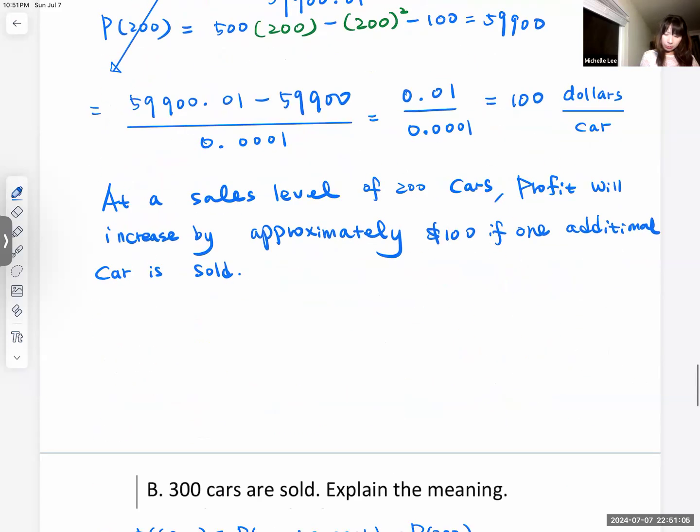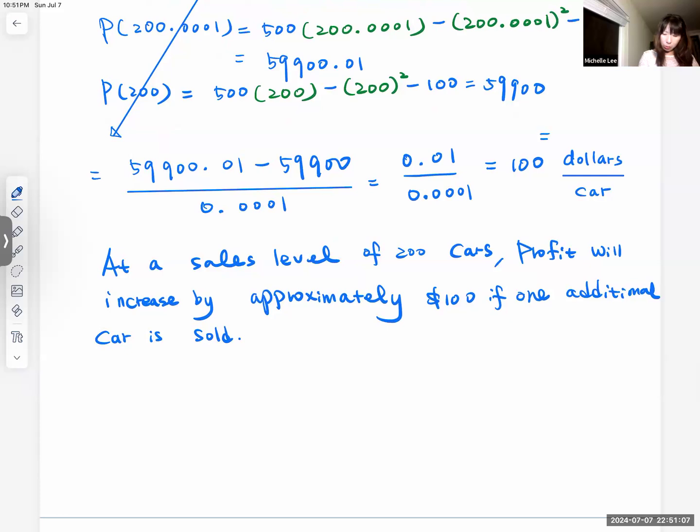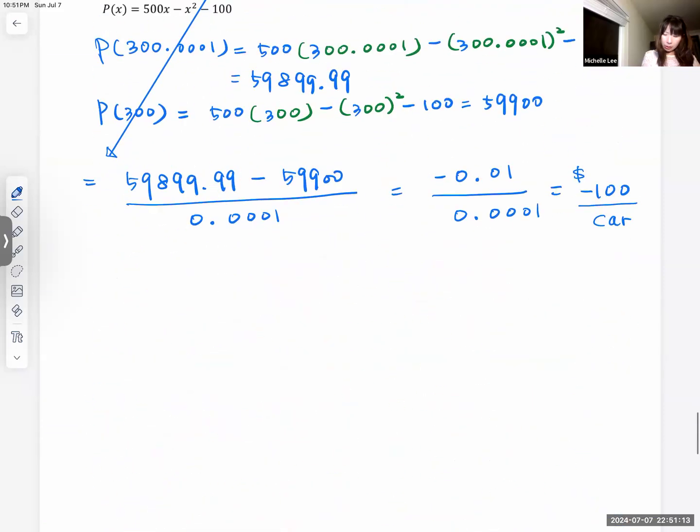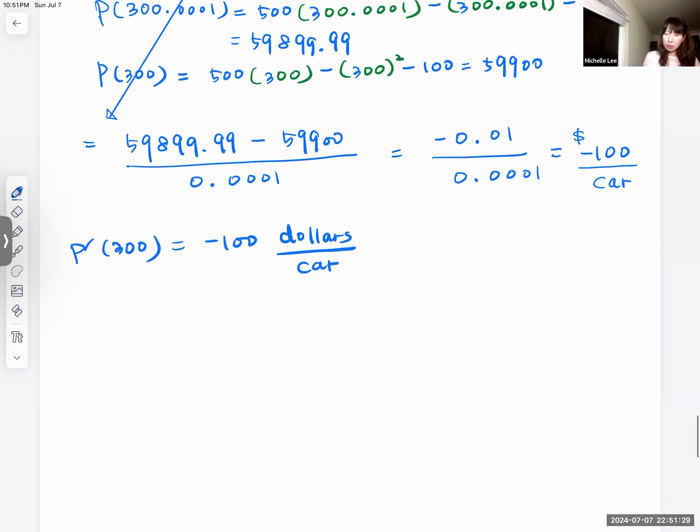So this will be P prime of 200, right? So we have P prime of 300, which is negative $100 per car, right? Okay, so what does this mean? This means when they sell 300 cars, the profit decreases $100 if one additional car is sold, right?